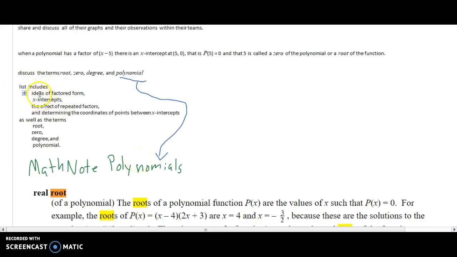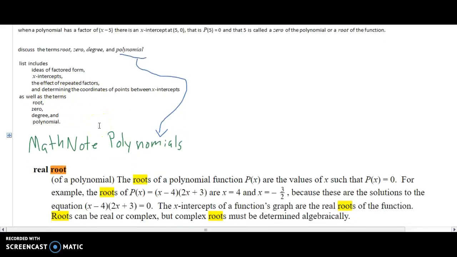So, once again, some things to include in the presentation you're creating. What are some ideas of factor form? What are some x-intercepts? What is the effect of repeated factors? And I'll talk about that a little bit more in just a little bit. And then determine the coordinates of points between x-intercepts.